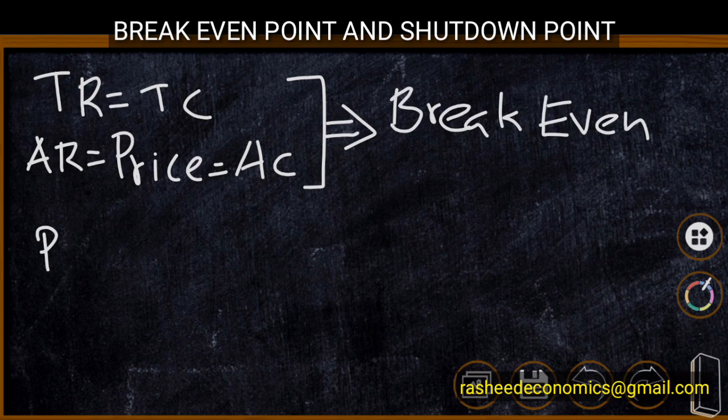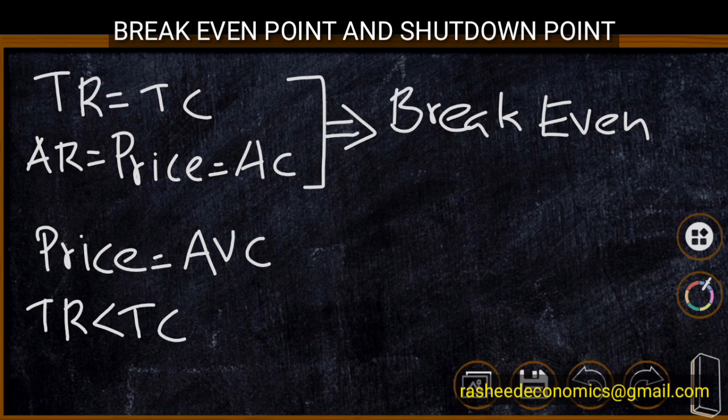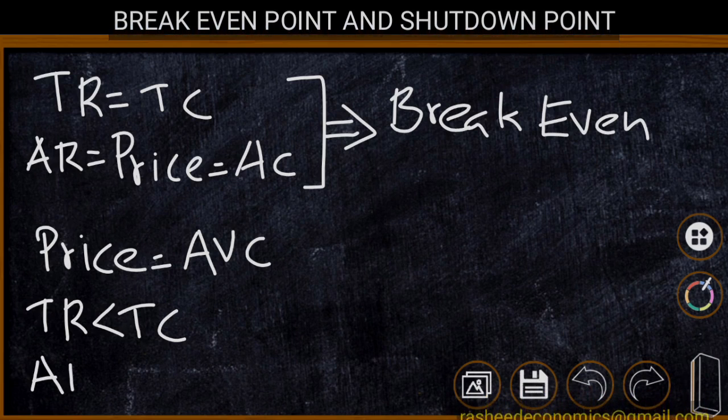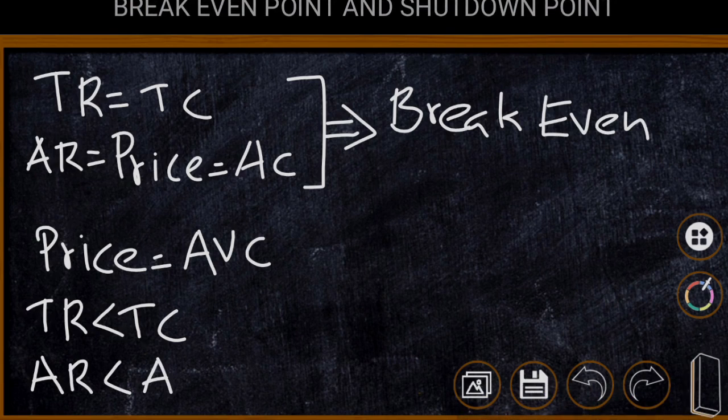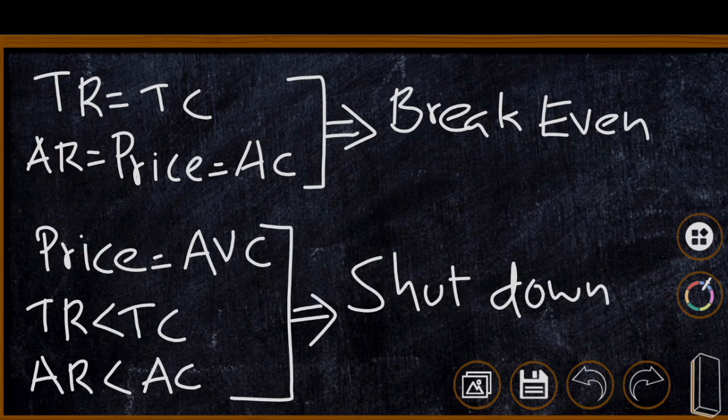And if price is equal to average variable cost, at this stage total revenue will be less than total cost, that means the firm is suffering a loss, or we can say that average revenue is less than average total cost, then we can say that the firm is reaching the shutdown point. This is all about break even point and shutdown point.